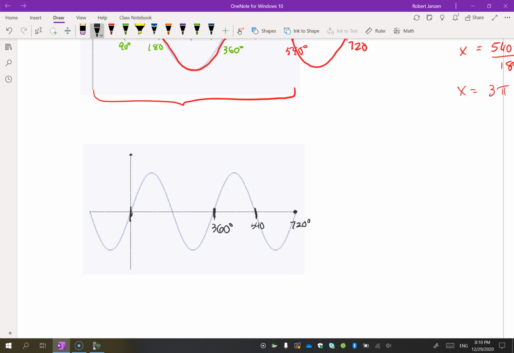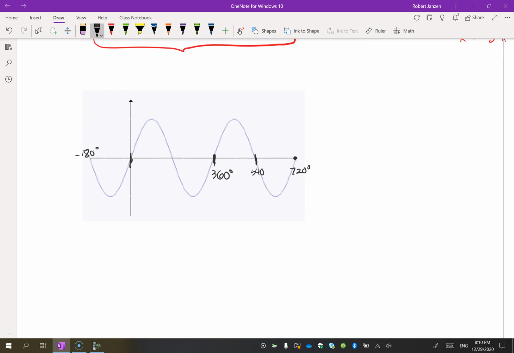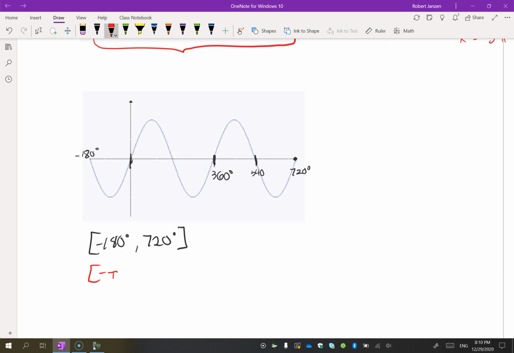Okay, and then we go backwards, negative 180 degrees. So if we were looking at what is the domain here, the domain is from negative 180 degrees up until 720 degrees. Okay. Well, what is that in radians? Well, this will be negative pi up until, okay, here was 1 pi, here was 2 pi, here was 3 pi, here's 4 pi.